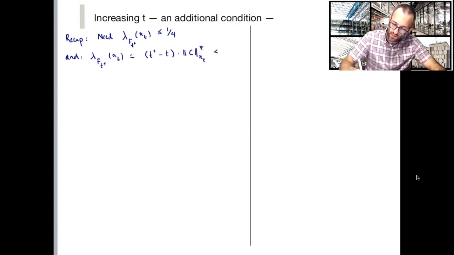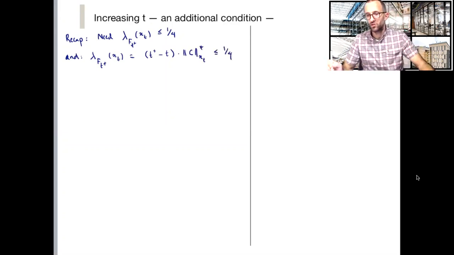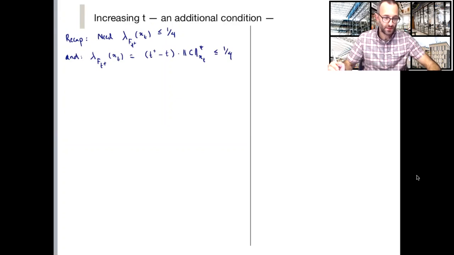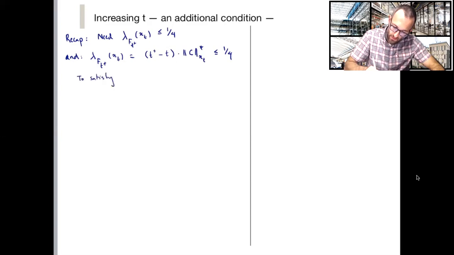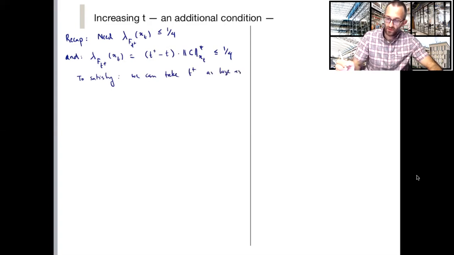And in order for this to be less than 1/4, we get that calculation that we saw on the previous page. So to satisfy this, we can take t plus as large as what we saw for log.